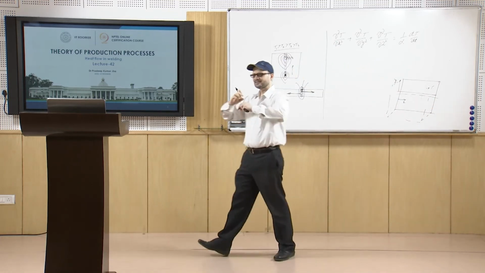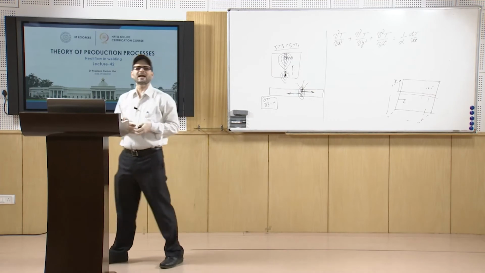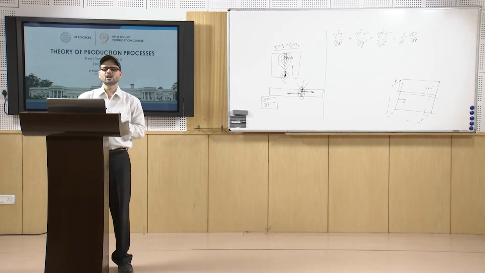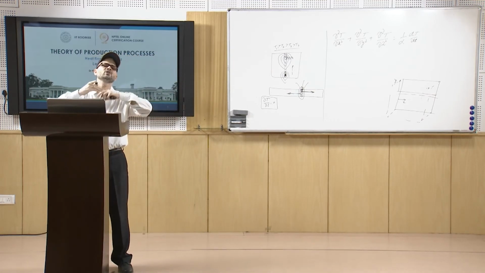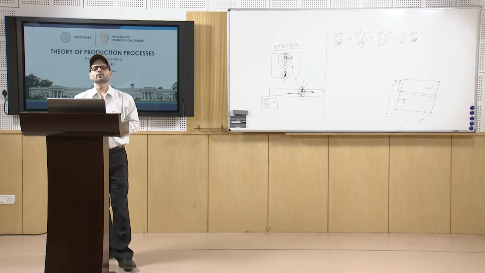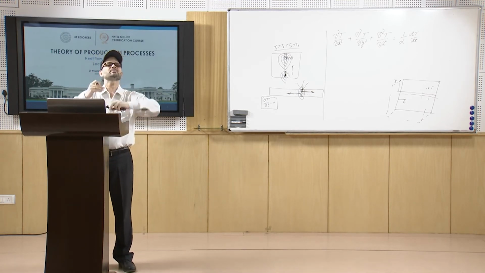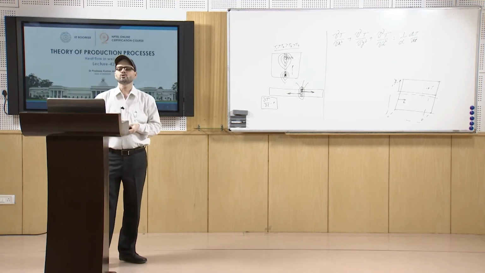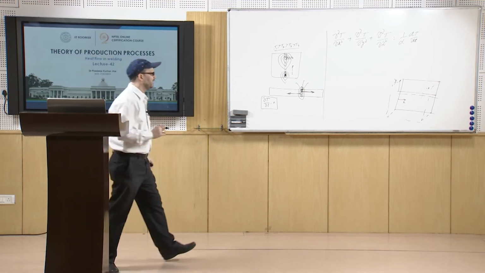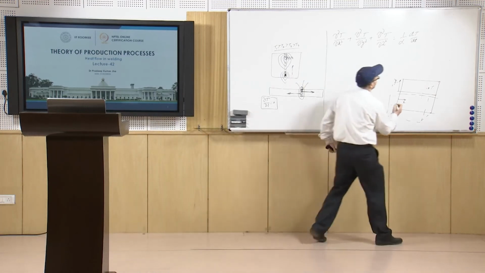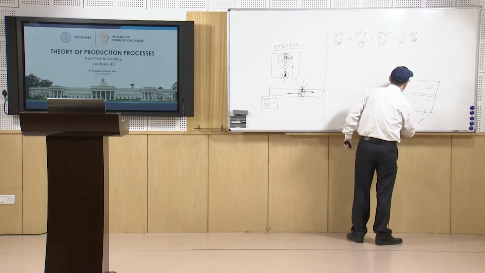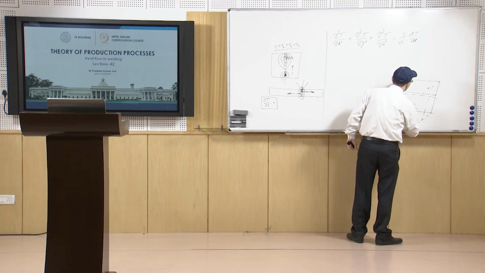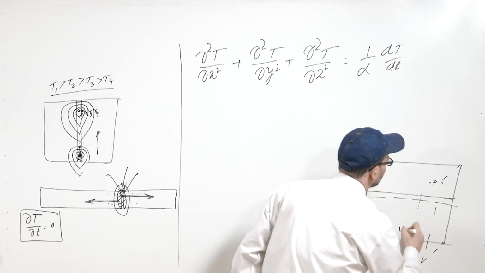Now, once it is moving in that particular x direction, what you do is you have a new coordinate system with respect to the tip of the electrode. So, that is moving in the x direction with velocity v in this direction.